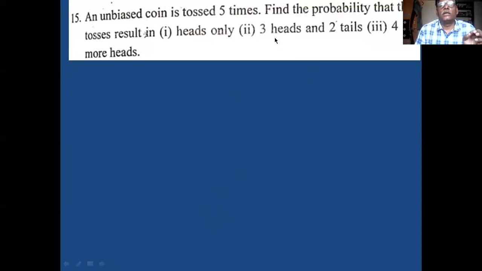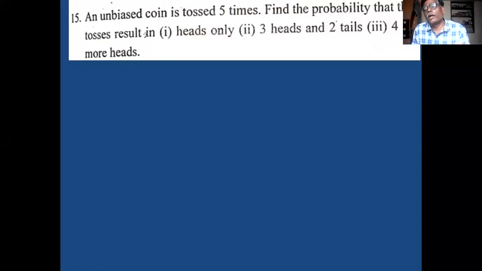And second question is 3 heads, 2 tails. Your expectation is 3 heads. If there are 3 heads, automatically 2 will show a tail. Okay. Third question is 4 or more heads. 4 or more heads means if you get 4 heads, it is accepted.